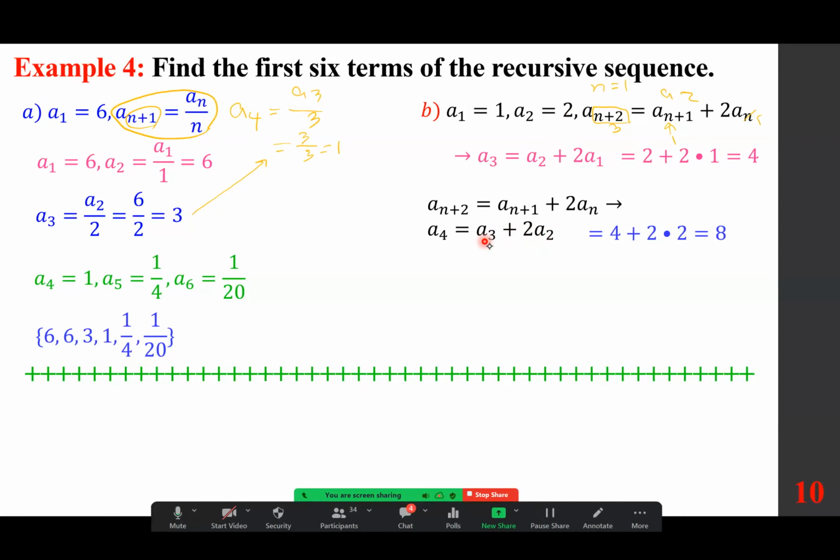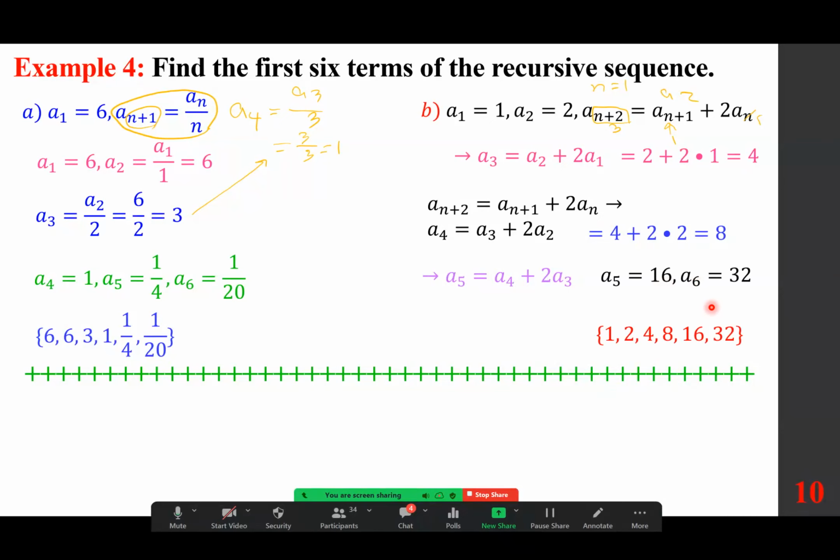And again, a sub 5 is a sub 4 plus 2a sub 3. So if you want a sub 5, the previous one, and then 2 times the one before that, according to this formula. So this one is 8, 2 times a sub 3, which is 4, and they add up to 16.